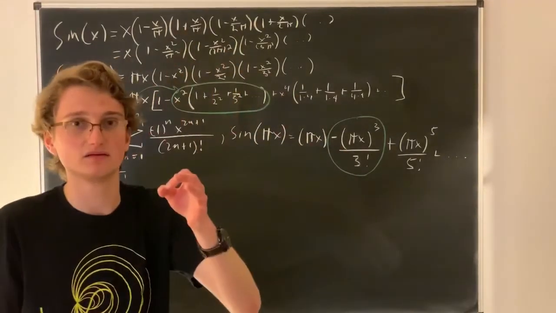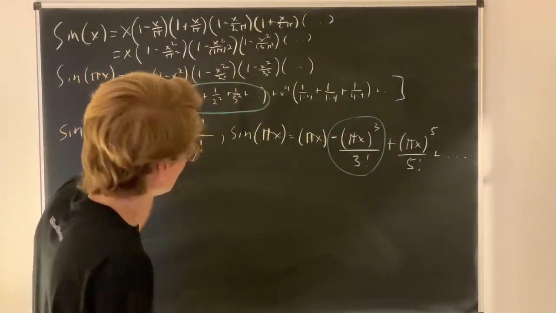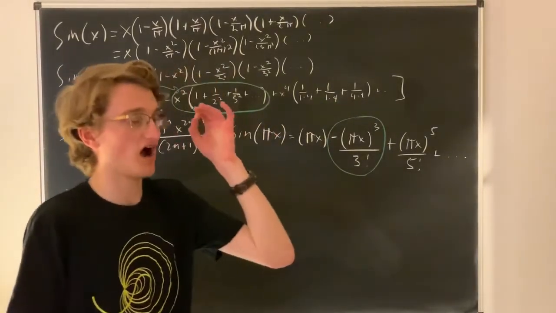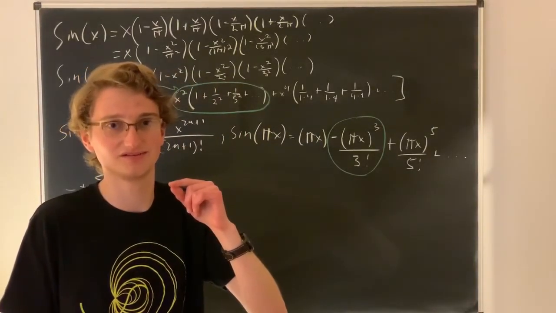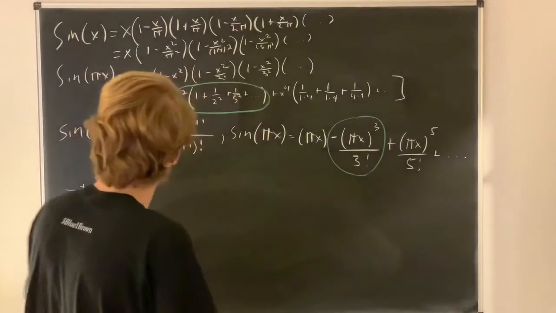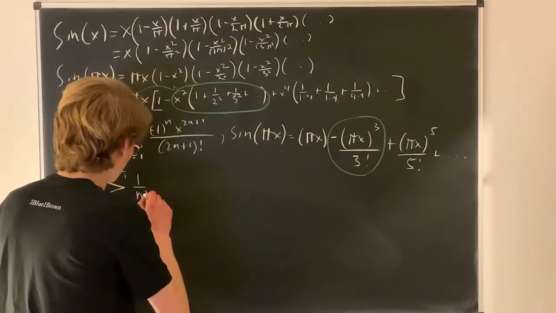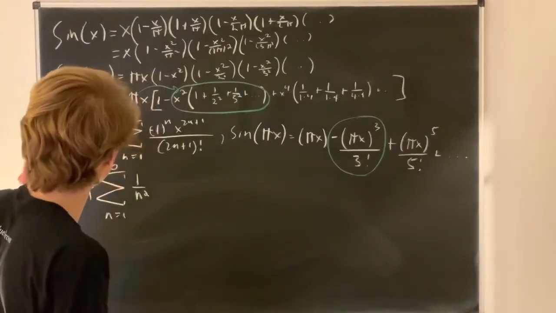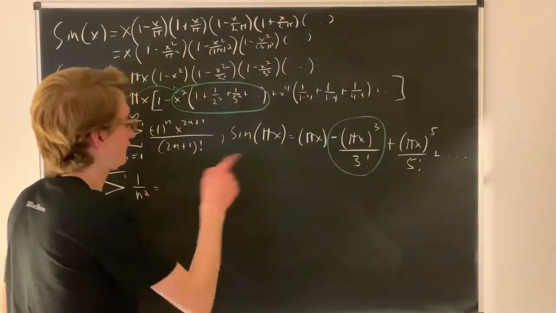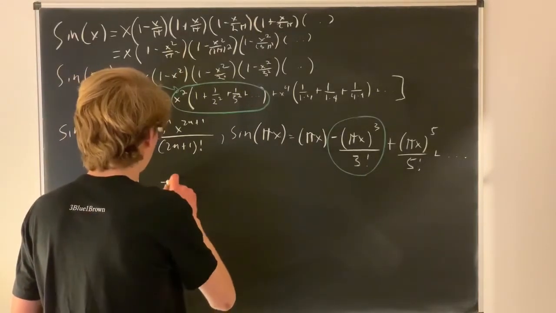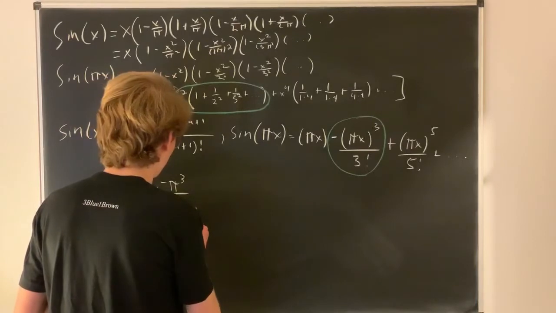That is the infinite sum of the reciprocal of the squares. So the infinite sum of 1 over n squared is thus equal to negative pi cubed over 3 factorial.